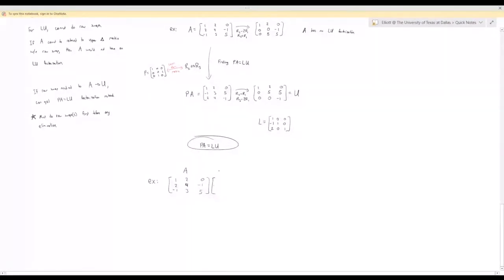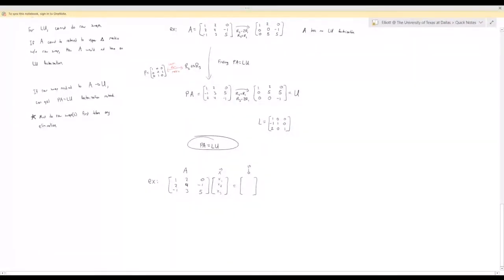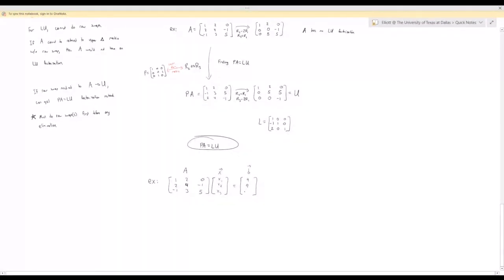And then let's say we had an equation AX equals B. This time I'll call X, X1, X2, X3. And then let's create a right-hand side B. Let's do 4, 9, -4.